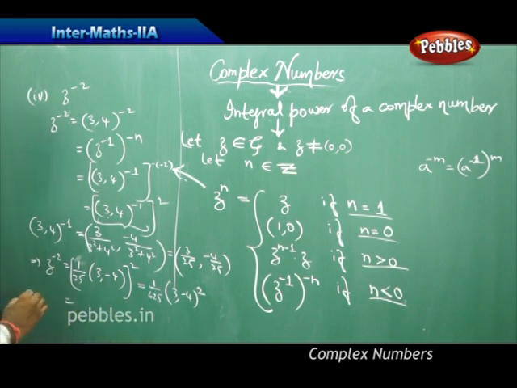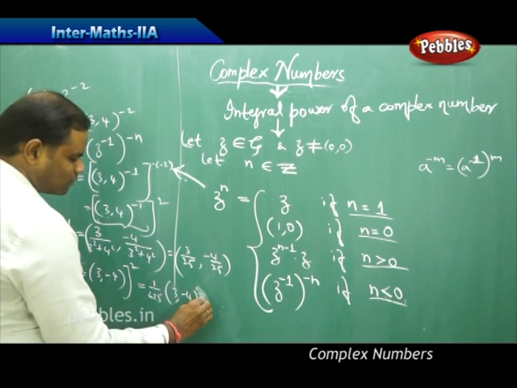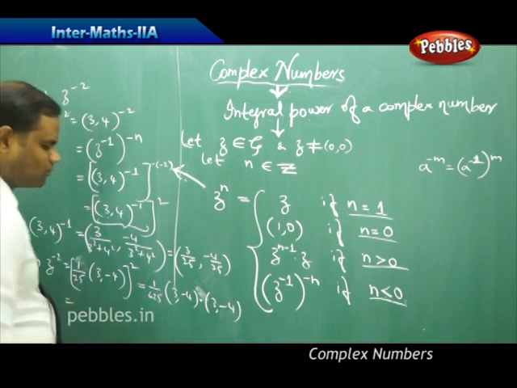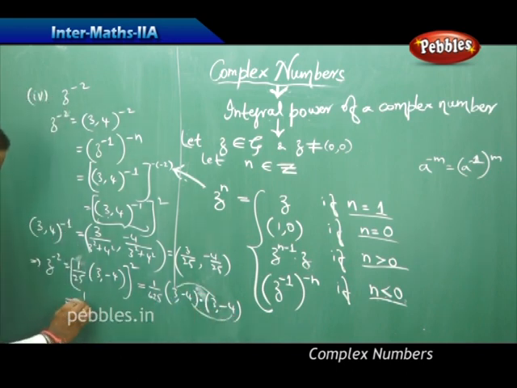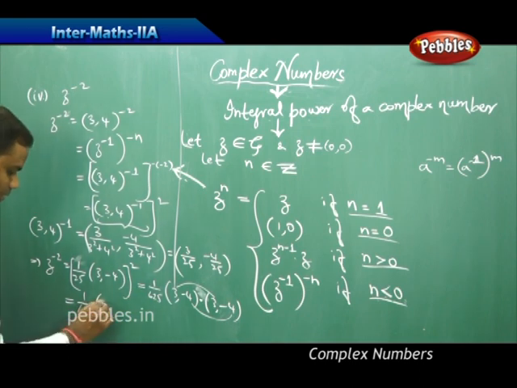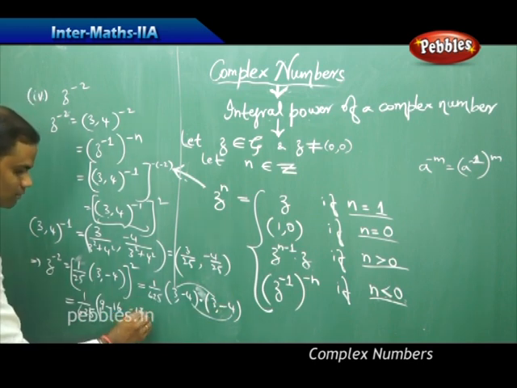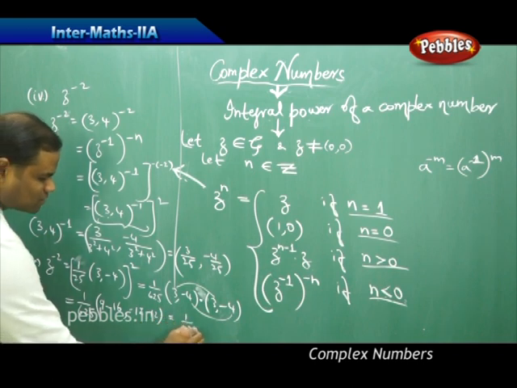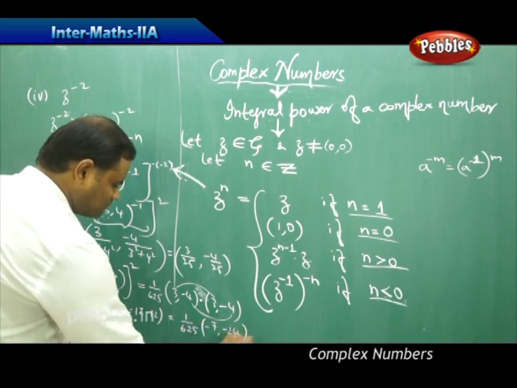So when I square this, I get 1/625 of (3, -4) squared, which can be found using the product of two factors, (3, -4) times (3, -4), done as ac - bd and ad + bc. So this comes as 1/625 of (9 - 16, -12 - 12), which is 1/625 times (-7, -24).